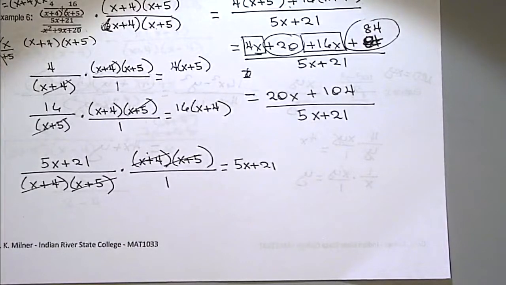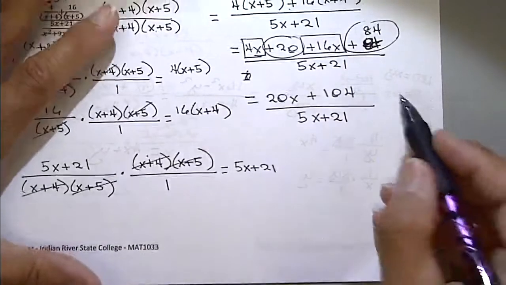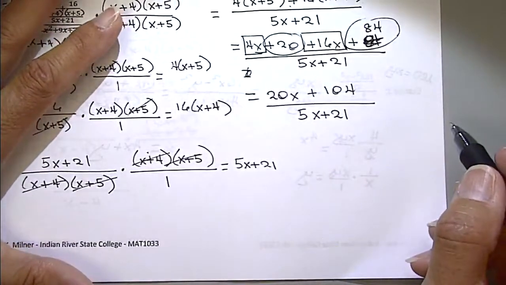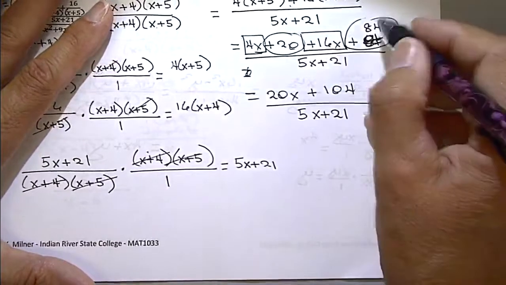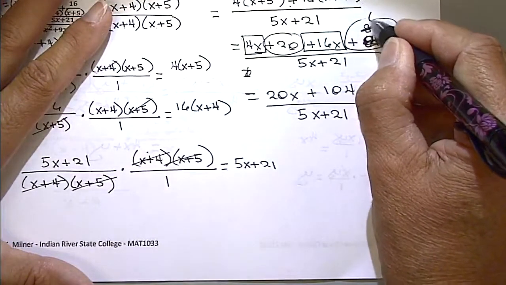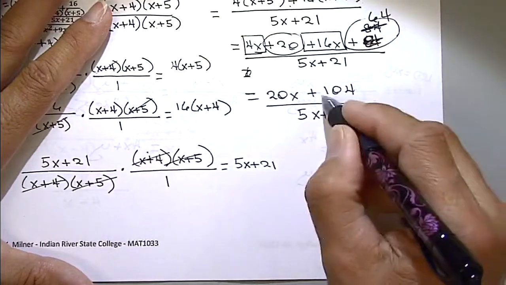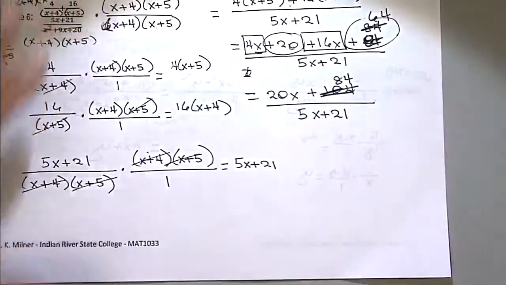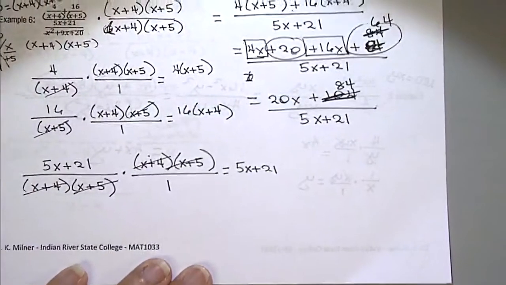I really wanted that to be a 64, but anyway. Can I factor anything out of this numerator? It is 64, isn't it? This is 84. That's what I had in my notes, but I took your word for it. There you go. Thank you.